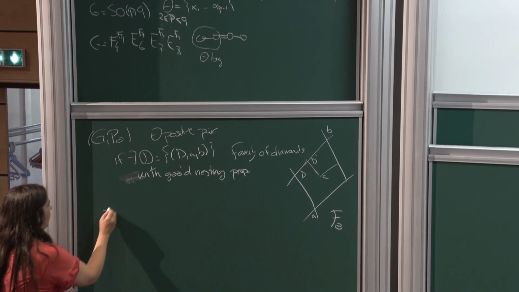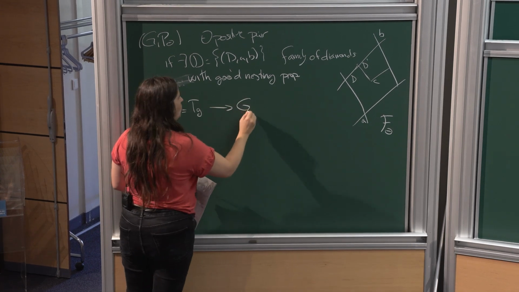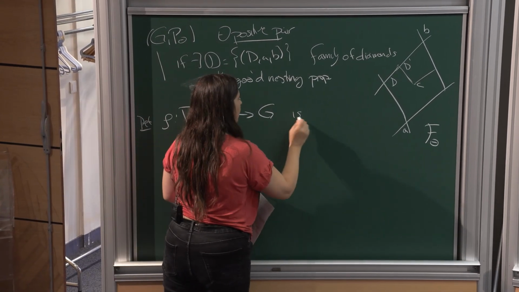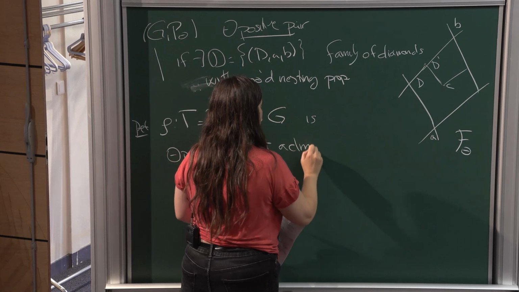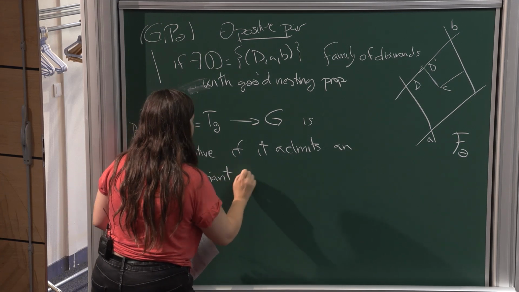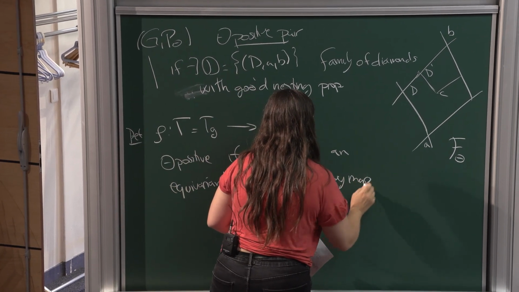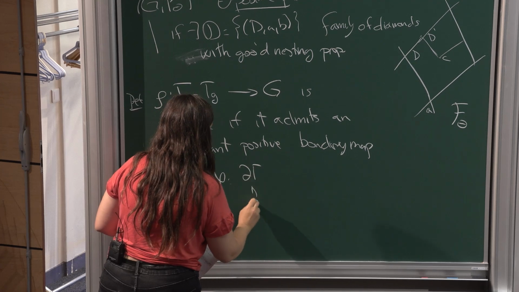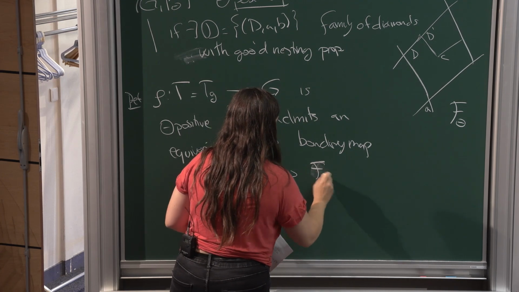So we say that rho from gamma, which is always going to be the fundamental group of a surface, into G, if G, P theta is a theta positive pair, is theta positive if it admits an equivariant positive boundary map that I was calling phi from the boundary of gamma, which is a circle with its orientation, into this F theta. Right?